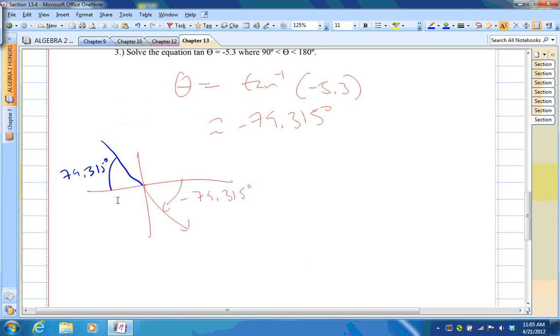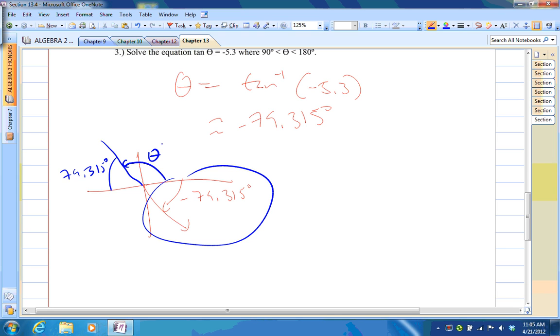Our angle is 79.315 degrees away from the x-axis for this angle, so the one in the second quadrant has to be the same way. Really it's going to be 180 degrees minus 79.315 degrees, because we're going in standard position. If I work that out, 180 minus that is 100.684 degrees.